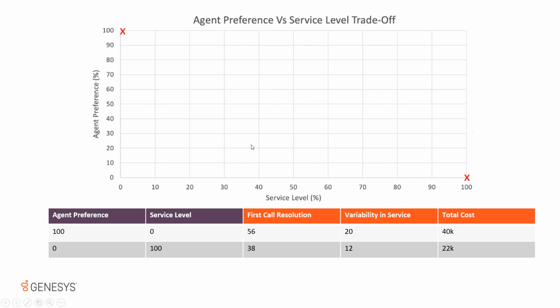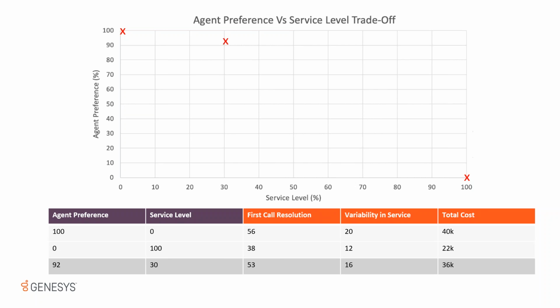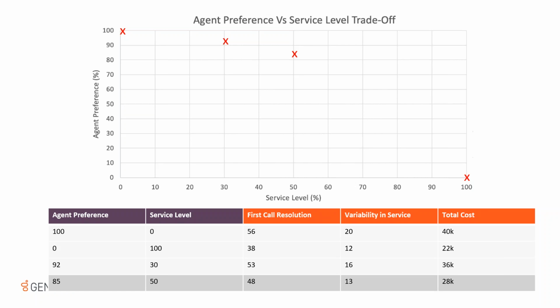But if I have the ability to run these two different objectives at the same time within my scheduling algorithm, which cloud computing enables, I could give weights to those two objectives. Let's assume I give an 80% weight to agent preference and 20% to service level, and I might get a data point like this. Or I could run it 50-50 and get a data point like this.